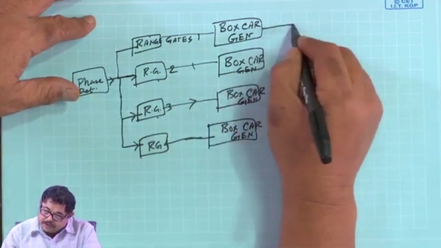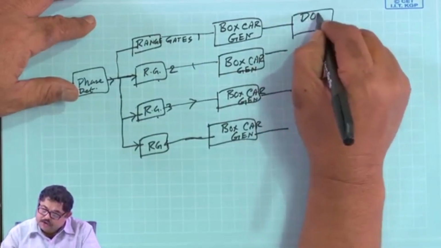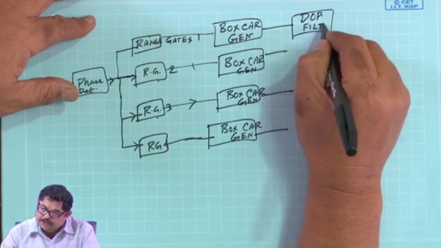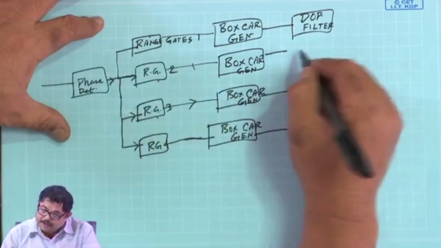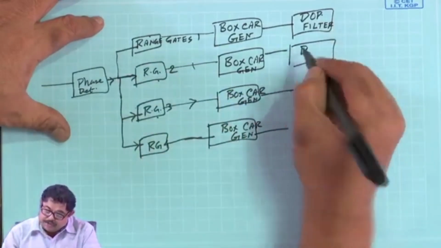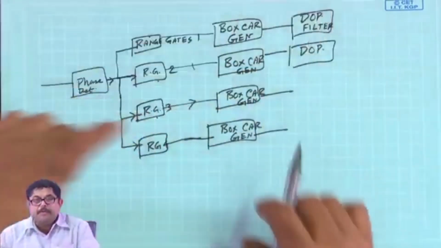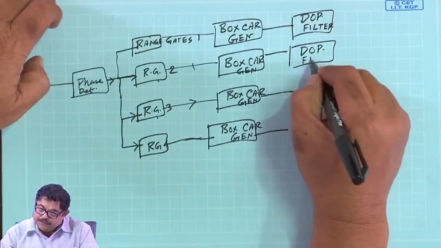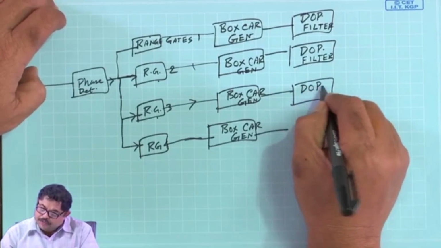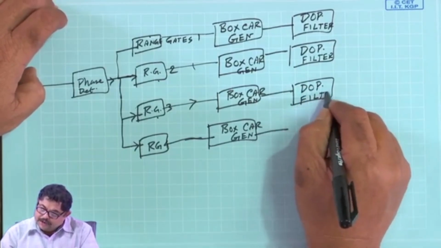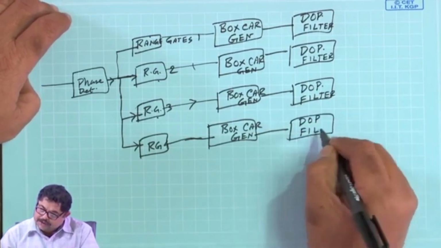Once that is done, then we put the narrowband Doppler filter. This was the idea, that initially we would have put this Doppler filter here, but for range gating the number of elements is increasing. Obviously more circuitry is needed, because instead of a single Doppler filter now we require so many, but nowadays these are becoming cheap.